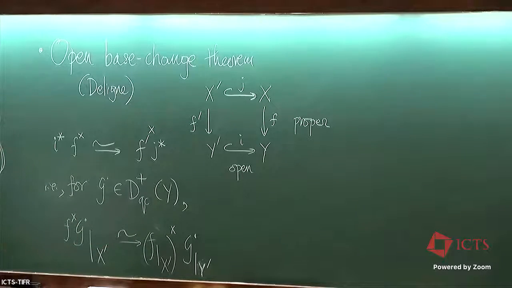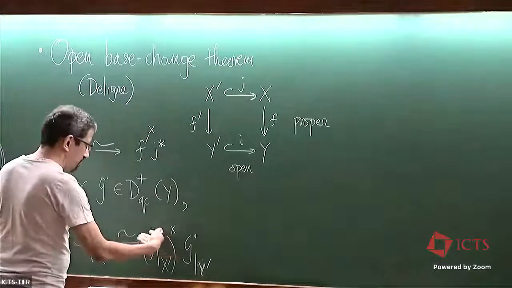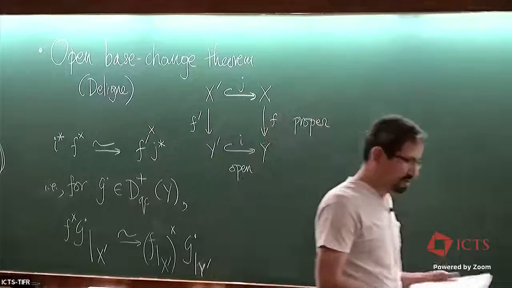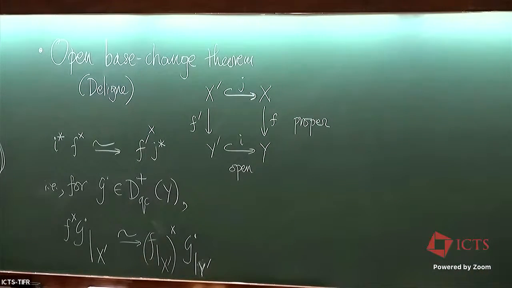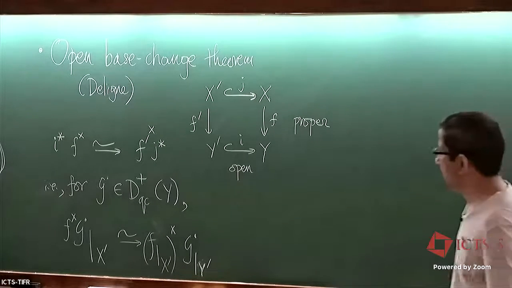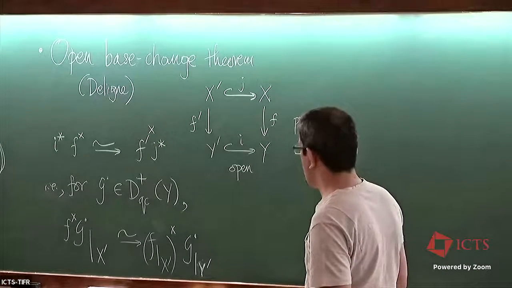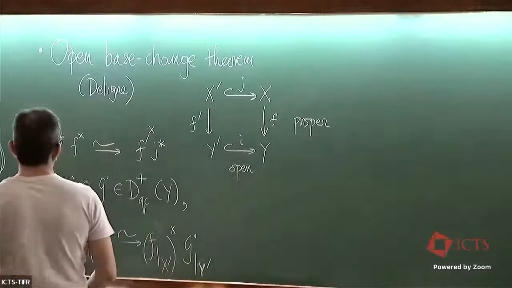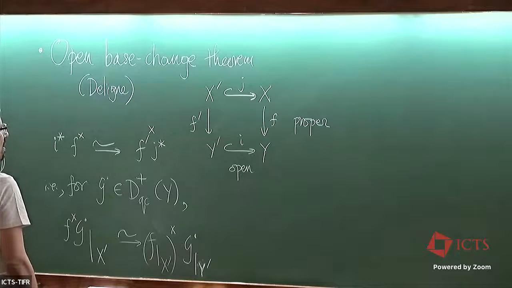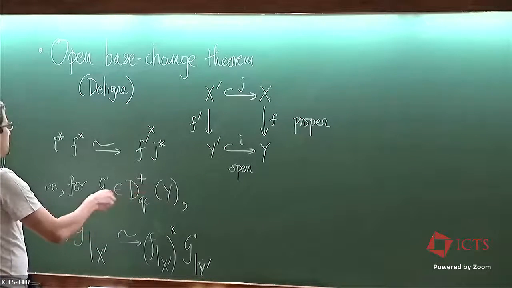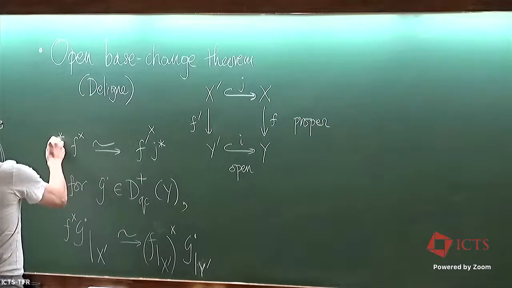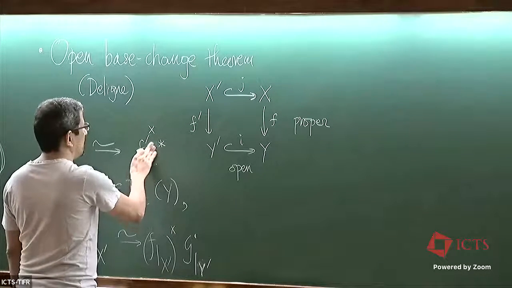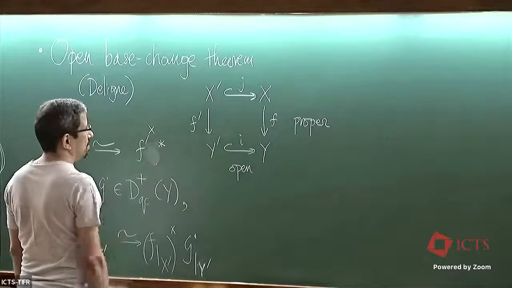So what we are saying is that you take the adjoint over the restriction, that will be the restriction of the adjoint. So, sorry. F cross, oh, sorry.